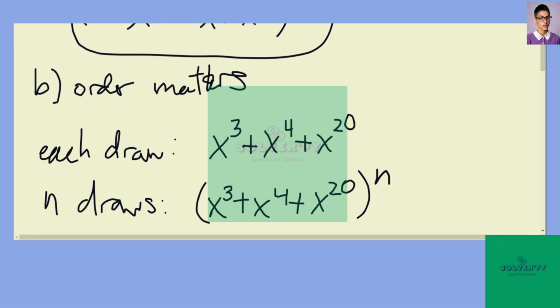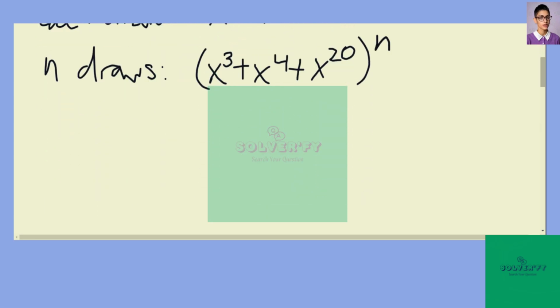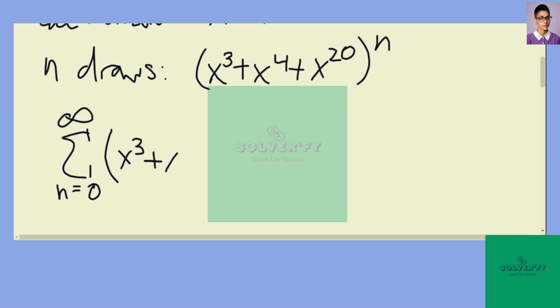This is going to be the sum from n equals, well, we could have as few as 0 draws and as many as up to infinity draws. So x cubed plus x to the fourth plus x to the 20th to the nth power.